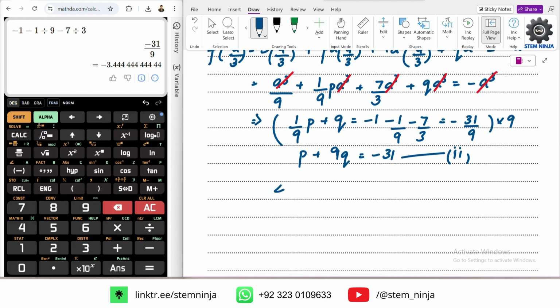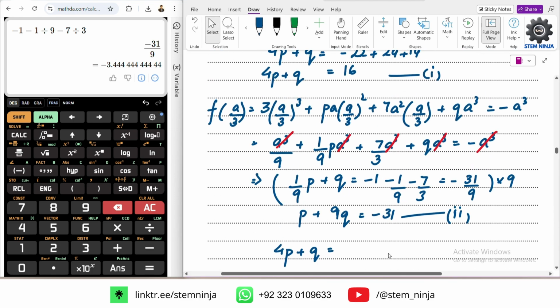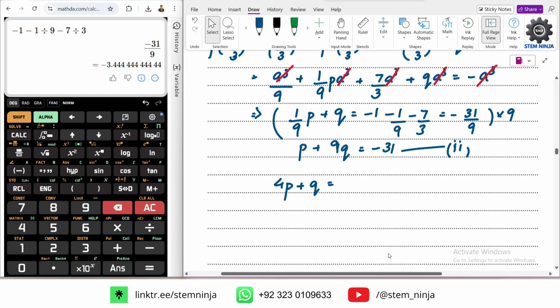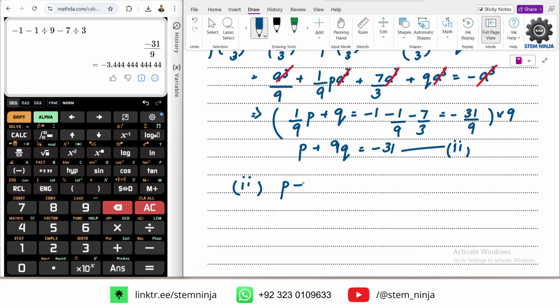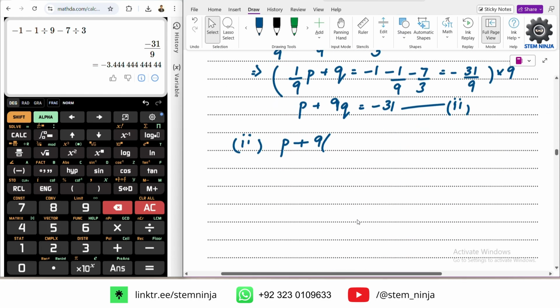So you have 4p plus q equals 16. I think we can substitute that, right? So q is equal to 16 minus 4p. So in the second equation, p plus 9 times 16 minus 4p equals minus 31.